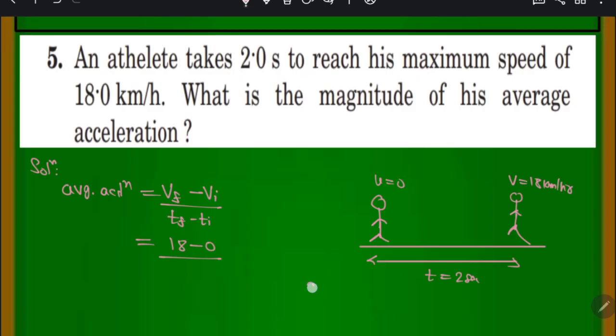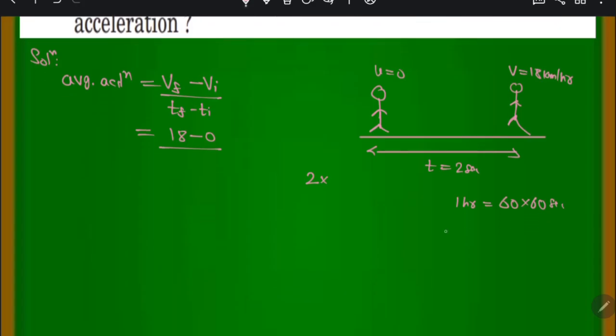So first you convert 2 seconds into hours. So you know 1 hour is equal to 60 minutes and 3600 seconds. So 1 second is equal to 1 upon 3600 hour.